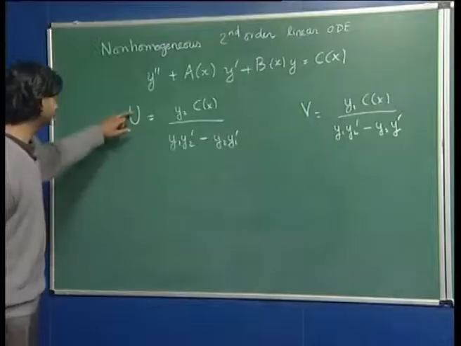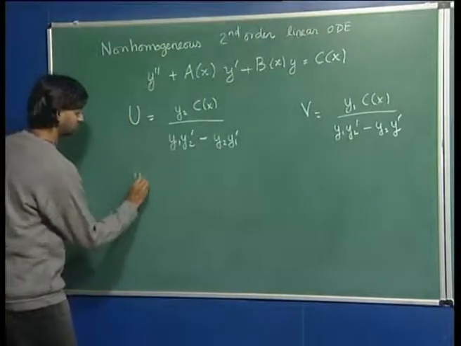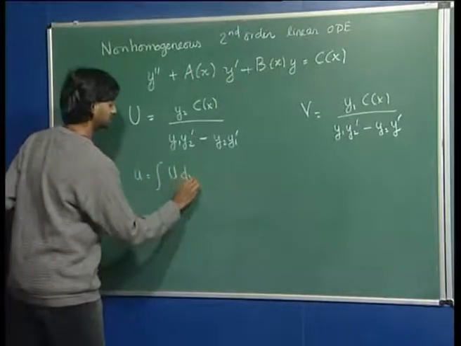So, the point is, we have solved for capital U and capital V, and then you can easily integrate this. So, u is equal to integral of capital U dx.